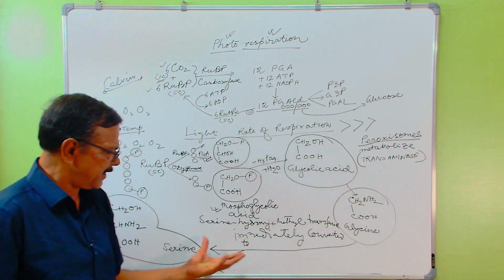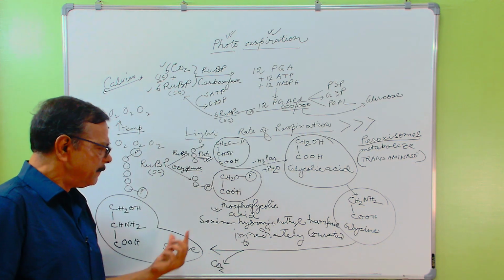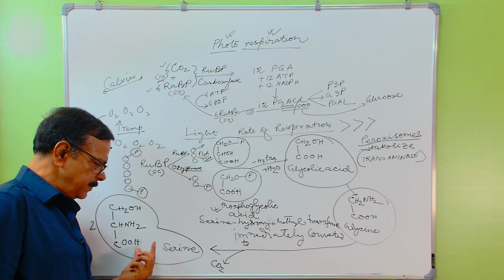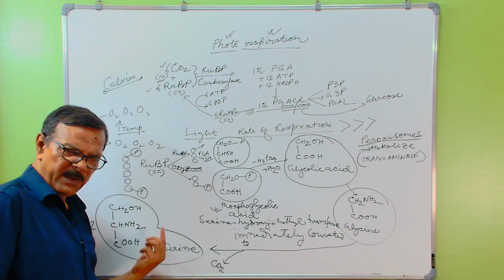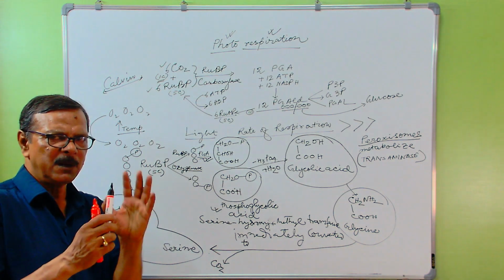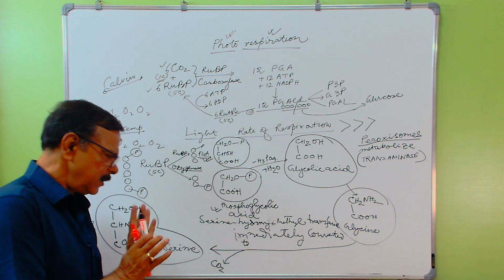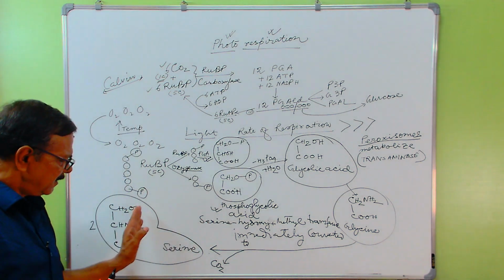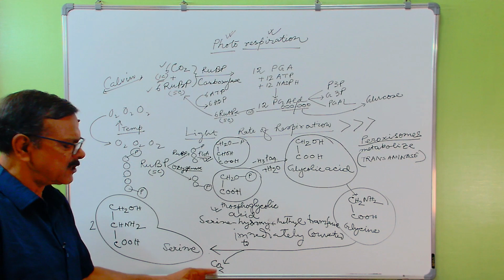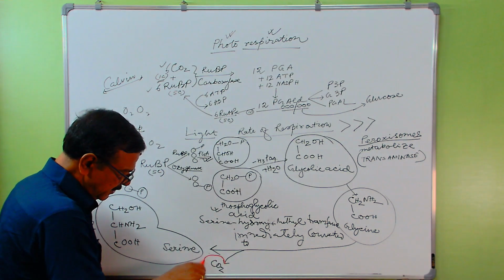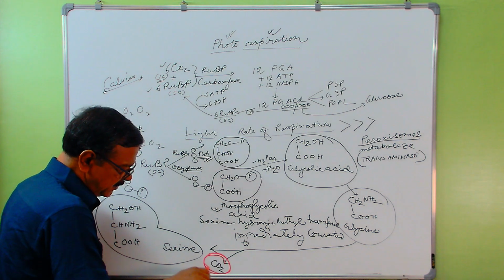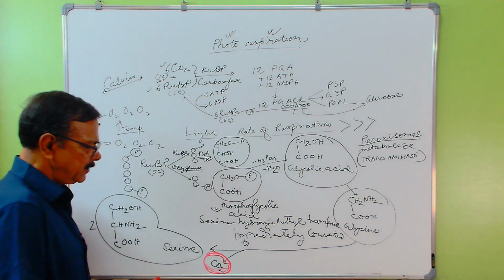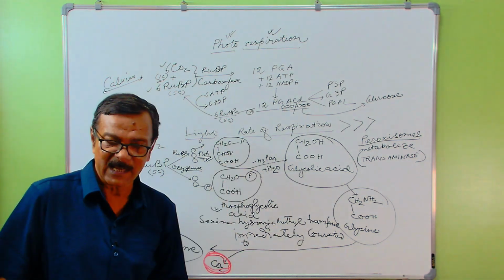Glycine is immediately converted to serine. Here some H2O, hydrogen peroxide, so many things come. Do not write so many things. It is converted to serine with the liberation of CO2. This is the main factor, CO2, with the help of serine hydroxymethyl transferase.